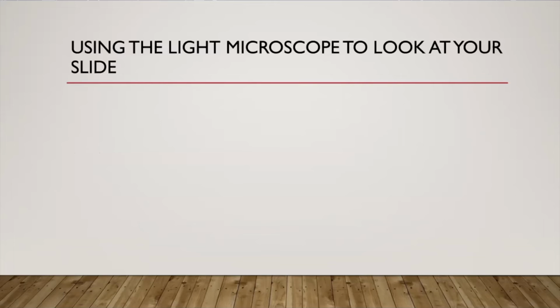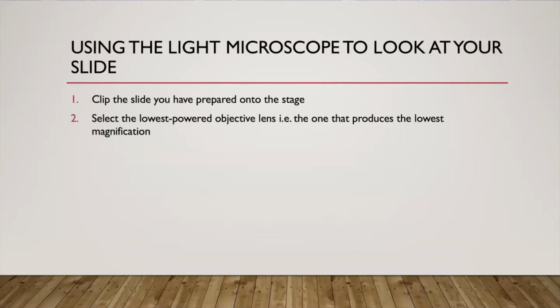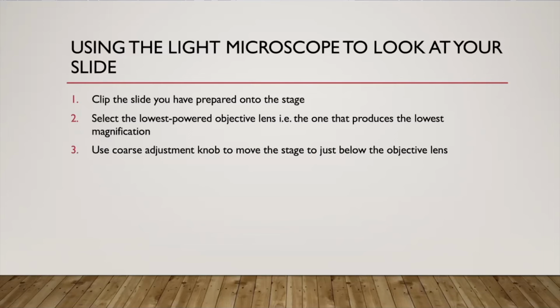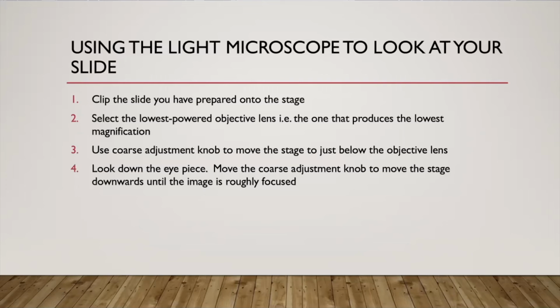Using a light microscope to look at your slide. Clip the slide you have prepared onto the stage. Select the lowest powered objective lens, i.e. the one that produces the lowest magnification, for example, times 10. Use a coarse adjustment knob to move the stage just below the objective lens.